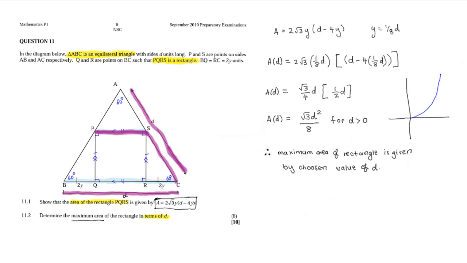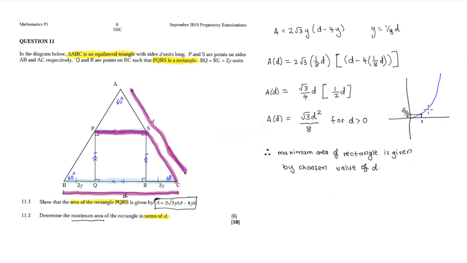If you choose a D value of 1, so you make all your sides 1 unit long, like 1 meter, then the maximum area of your rectangle is going to be the square root of 3 times 1 squared divided by 8, which is simply root 3 by 8.